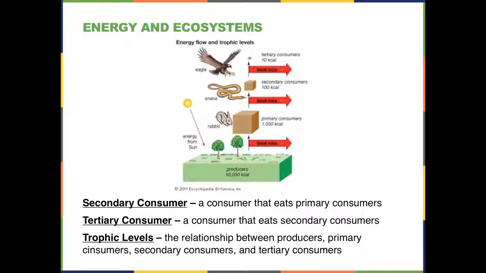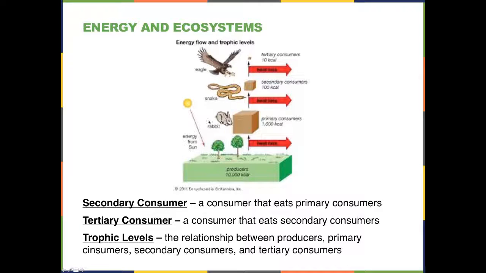And so you start out with the first trophic level, which is always a producer level, which always represents some form of plant life. These producers get their energy from the sun, and they are available to the primary consumer.